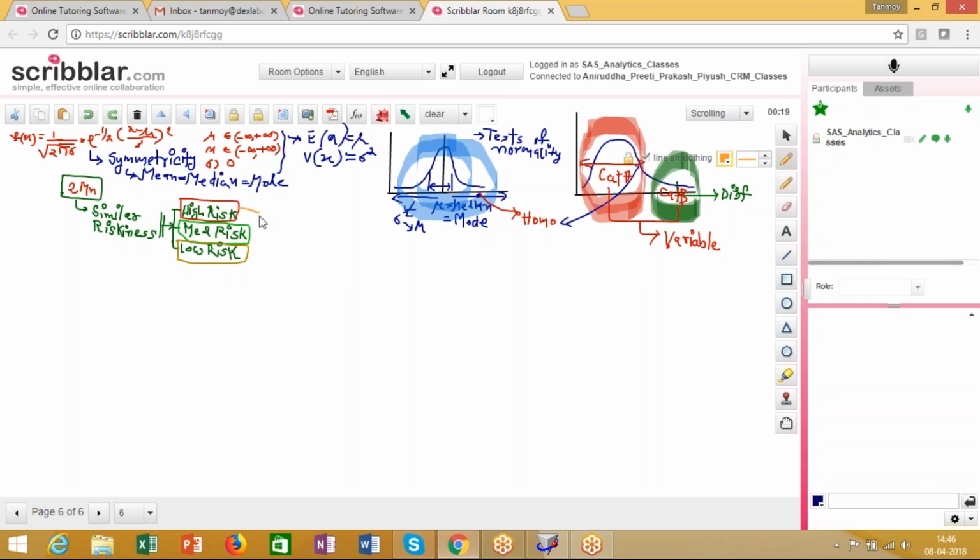But as I move from the high risk to the medium risk, or from the medium risk to the low risk, I would start observing a significant change in the behavior of the borrowers, right?